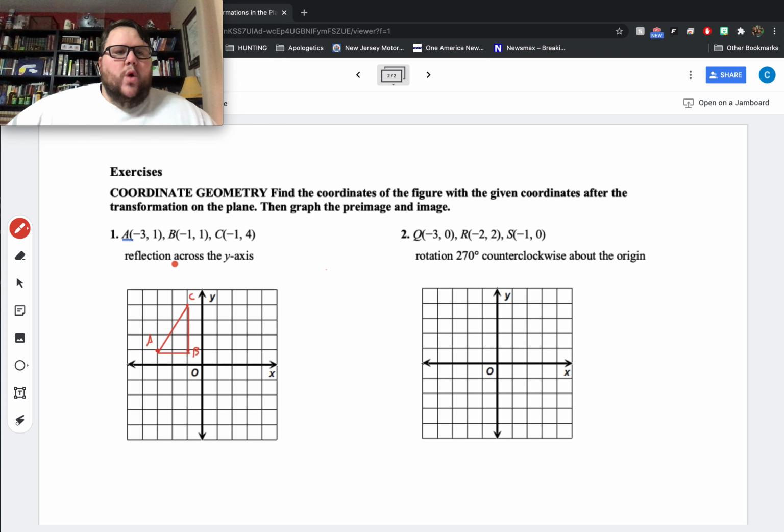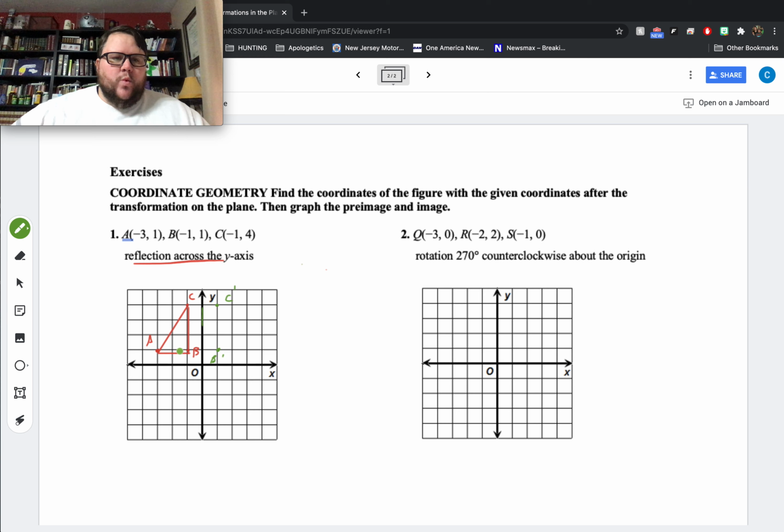We want to reflect it across the y-axis. So our image is going to be reflected across the y-axis. I'm just going to count away from the y-axis. C is 1 away, so C prime is going to be 1 away on the other side. B is 1 away, so B prime is going to be 1 away.